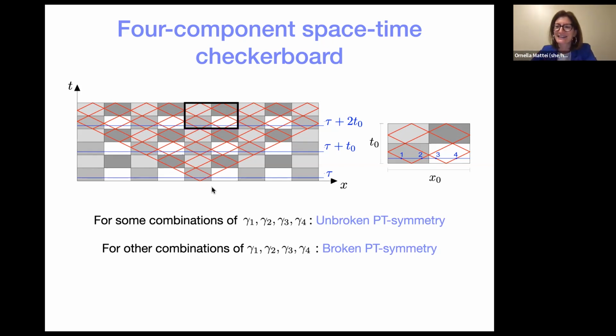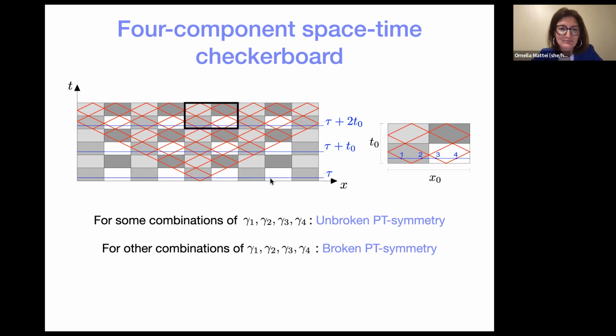Well, here things get interesting because you see that for some combinations of the 4 wave impedances, you have unbroken PT symmetry. So the wave will propagate with a constant overall amplitude. But for other combinations, you will end up with broken PT symmetry. That means that the wave will have amplitude that will exponentially blow up.